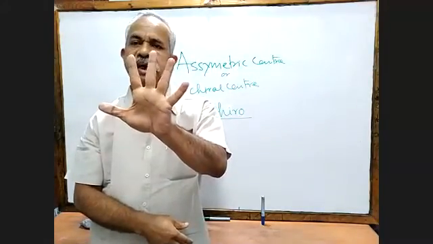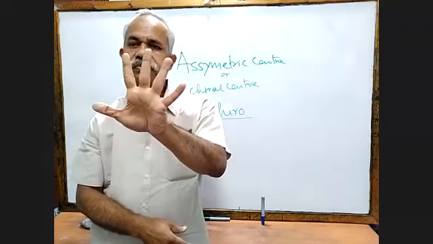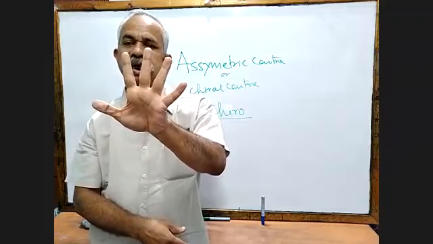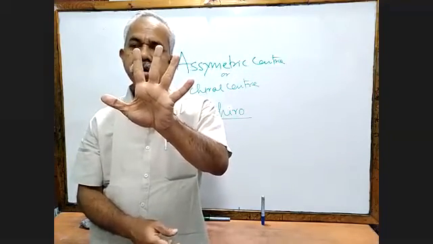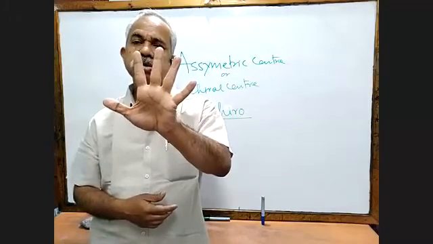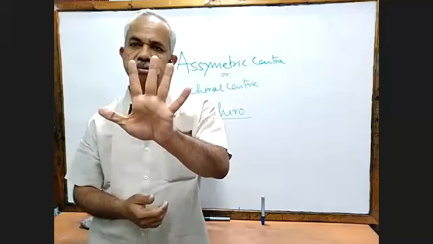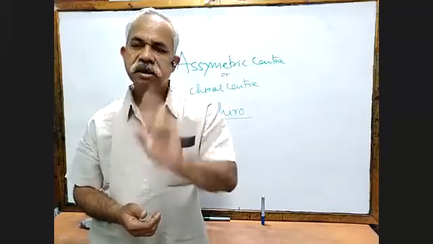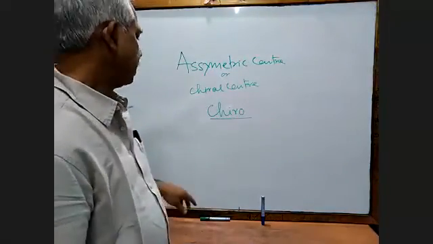Please remember, often we go to an astrologer to know our fate. The subject which they study, though you call it astrology, is also known as chirology, because they study our palm. Clear? So the word is taken from there.